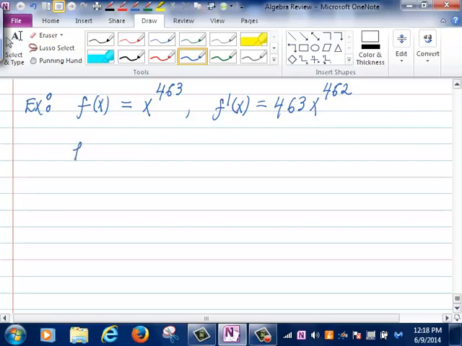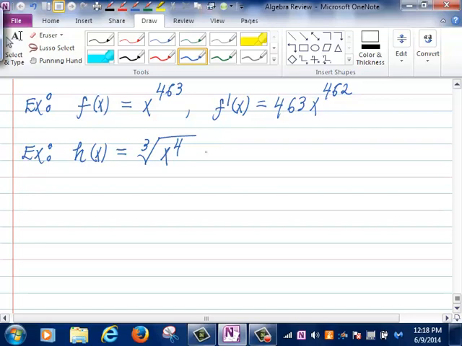If I have the function h of x to be, let's say, the cubic root of x to the 4, what's the derivative of this function? How would you find that?